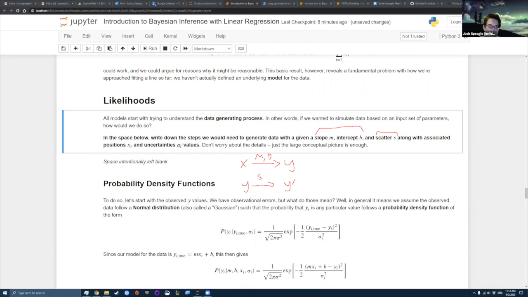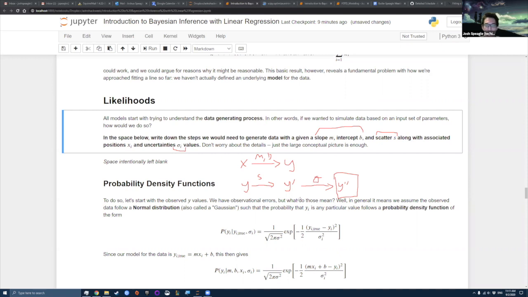And then finally, we have to consider that we have these additional observational uncertainties. So if this value is here and we knew some sigma, then we could generate some additional value, y double prime. And this is the thing that we're actually observing. And it comes along with this error bar that we have from sigma.